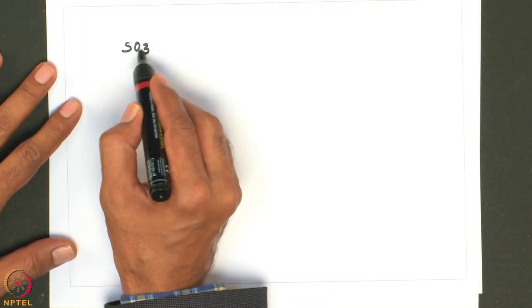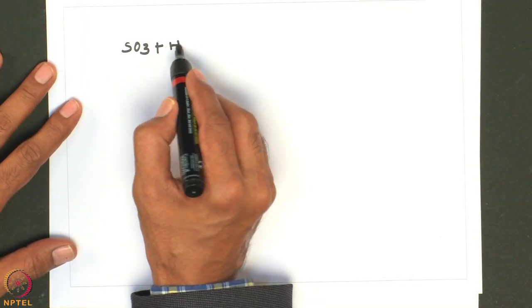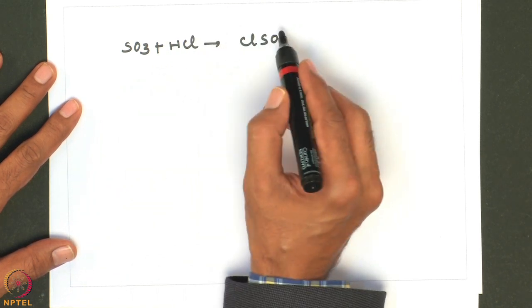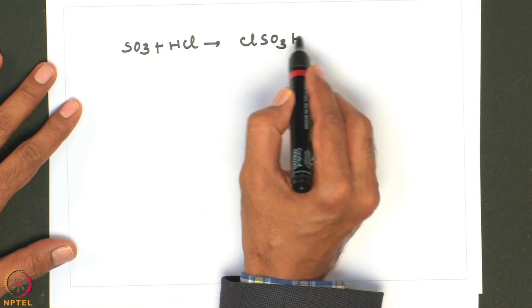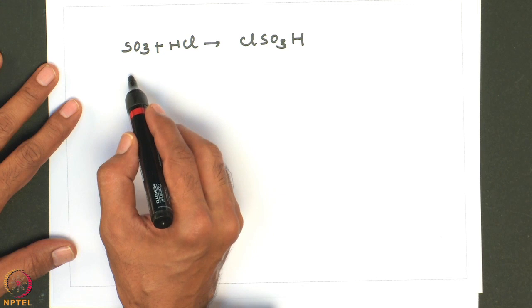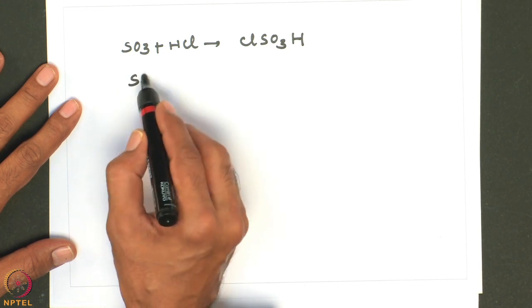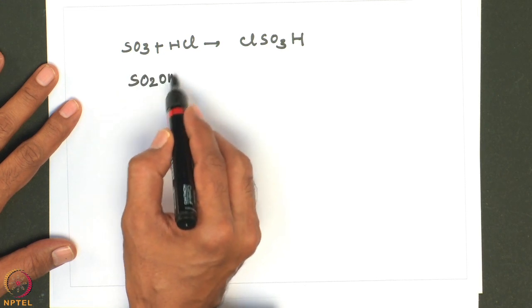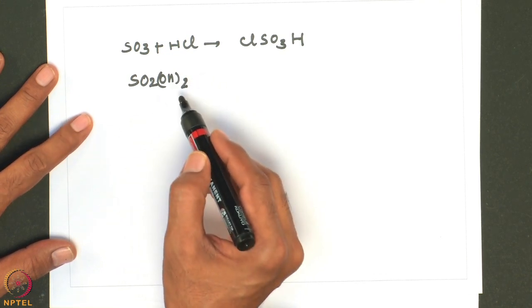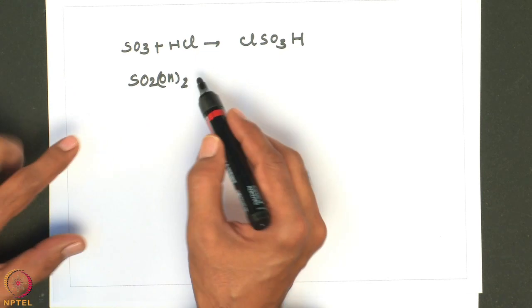For example, treat SO3 with HCl, it gives chlorosulfonic acid, or one can also, so I am writing in a different way. This is essentially sulfuric acid. I am writing in a different way to show the functionalities here.